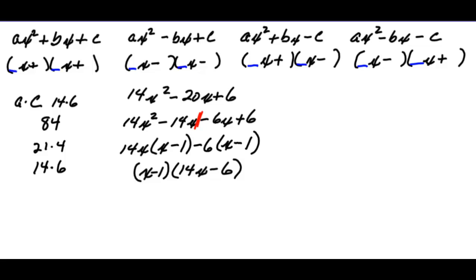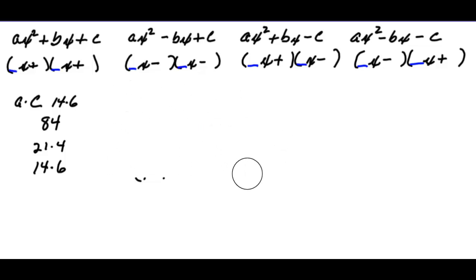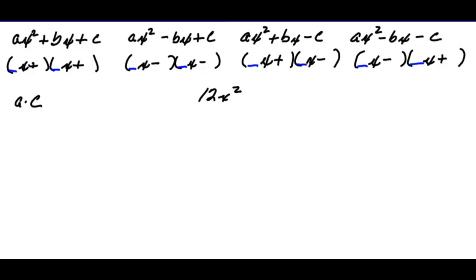So now we've solved one for the second pattern. Let's go ahead and move on to the third pattern. So I'm going to erase this so we can have some space. Keeping our AC there. In the third pattern, let's look at problem number 76. In 76, what we had is 12x squared plus 11x minus 15.